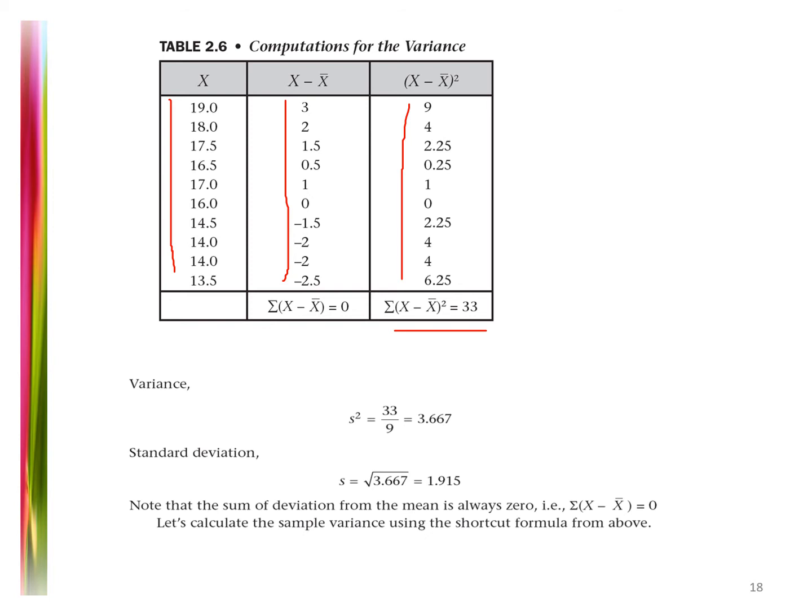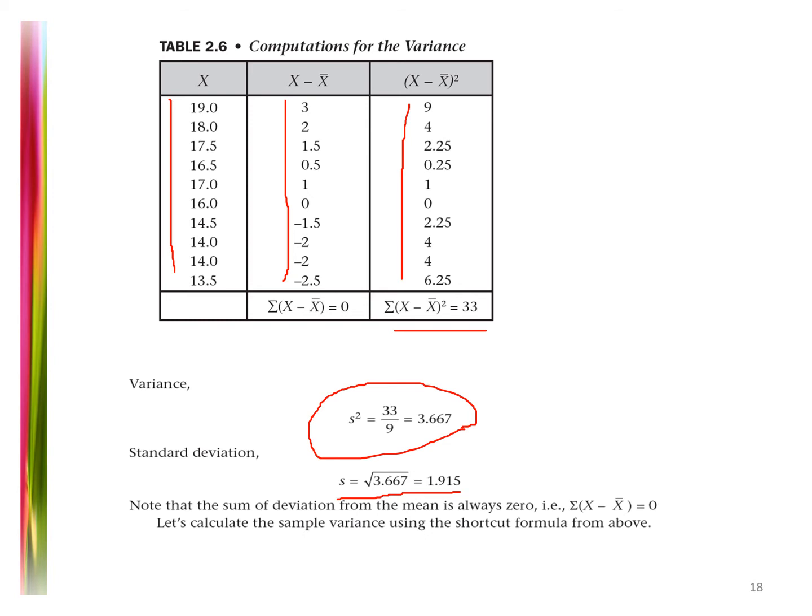So s squared is equal to 33 divided by 9, which is 3.667. This is the variance. If you want to calculate the standard deviation, you have to take the square root, which is 1.915. Note that the sum of the deviations from the mean is always 0, that is, the summation of x minus x bar is equal to 0.